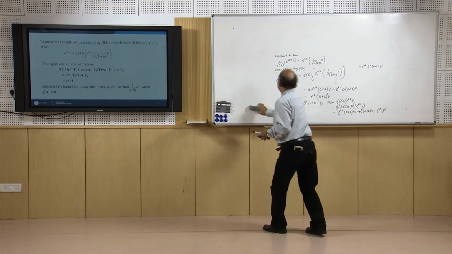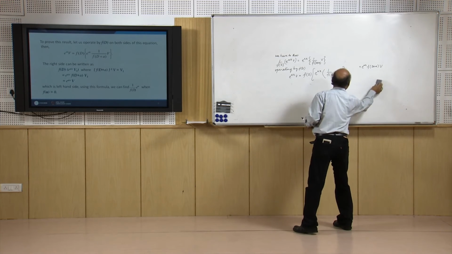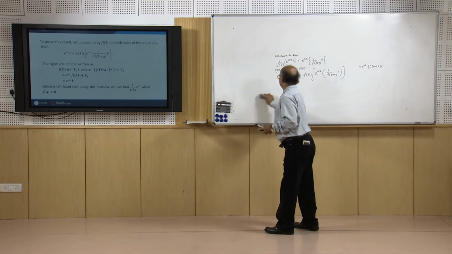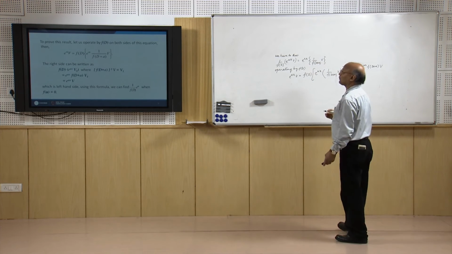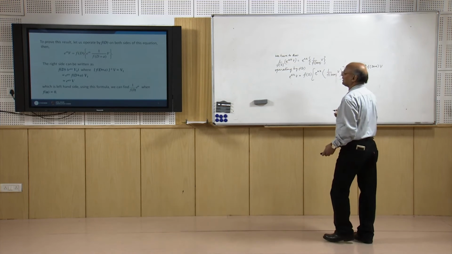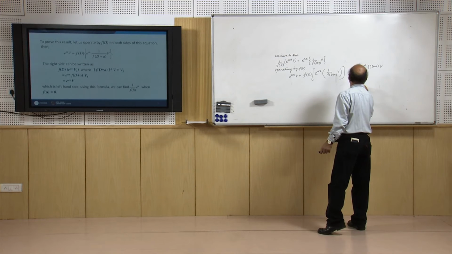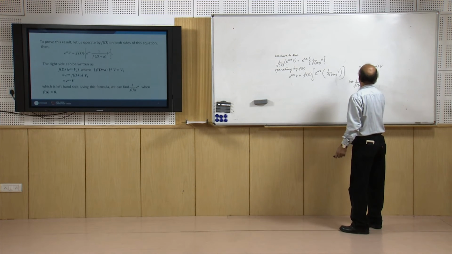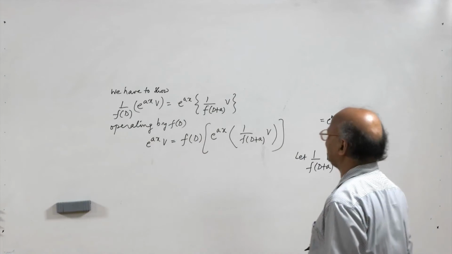Now, let us look at the right hand side. Let us assume that 1 over f(D plus a) operating on b is equal to b1.